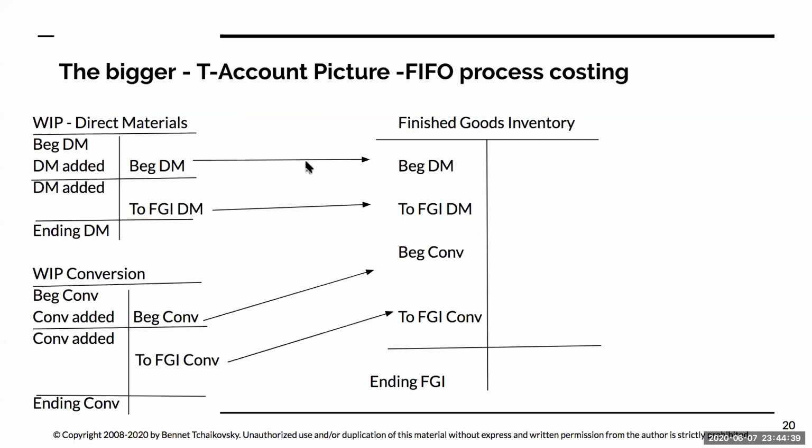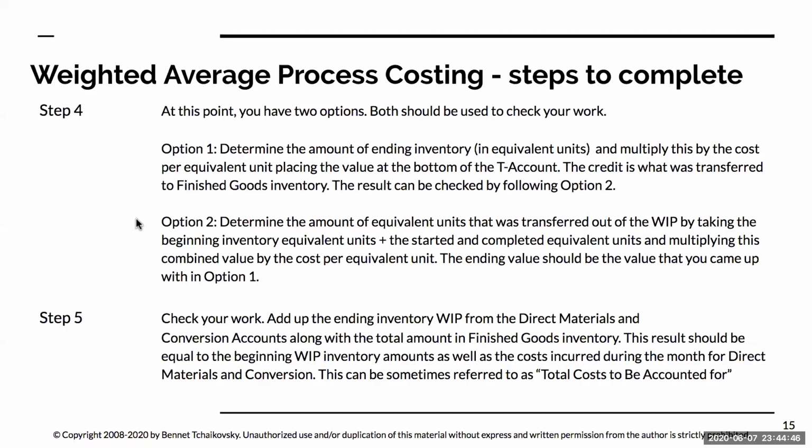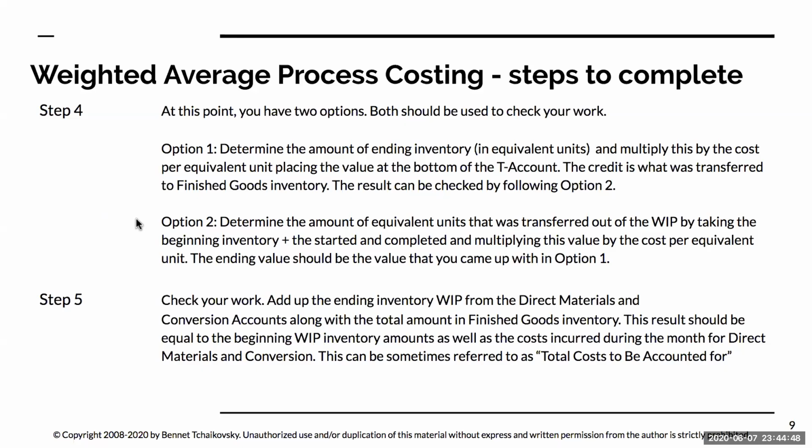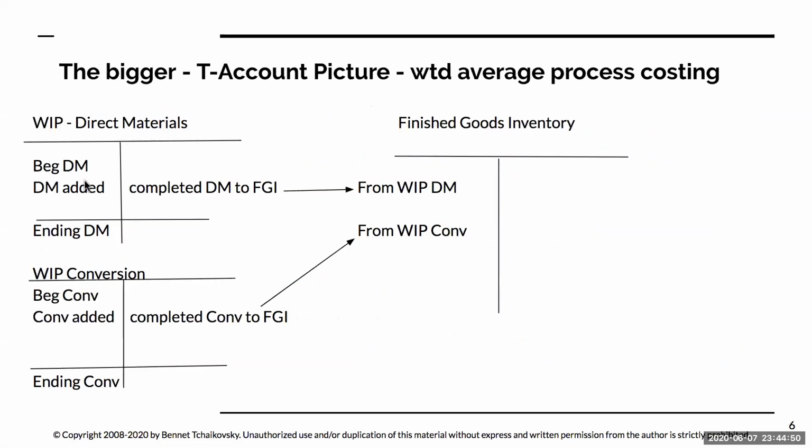So this is just an overview, going back to what we were doing previously to compare the charts. Over here, we would include beginning direct materials added. We would then use the equivalent units to send this over here and here.